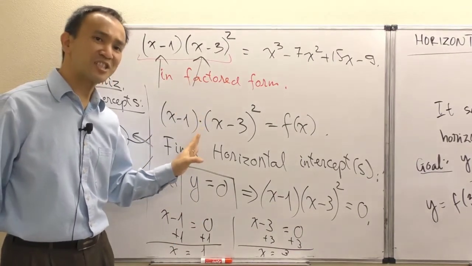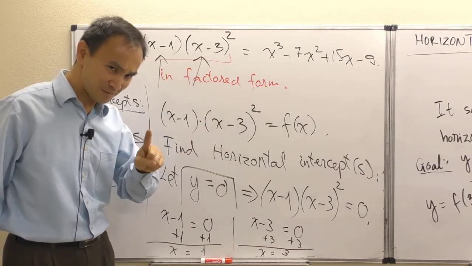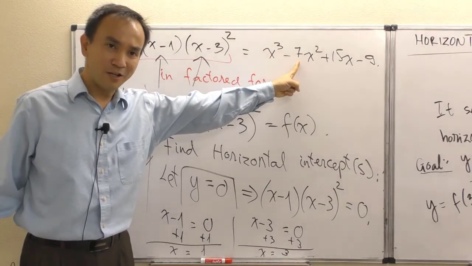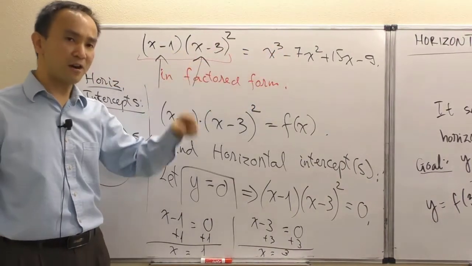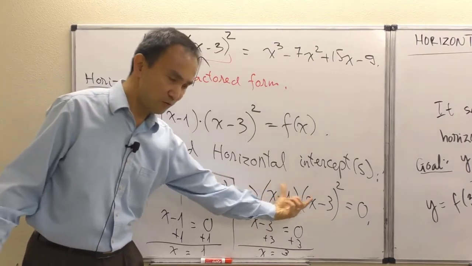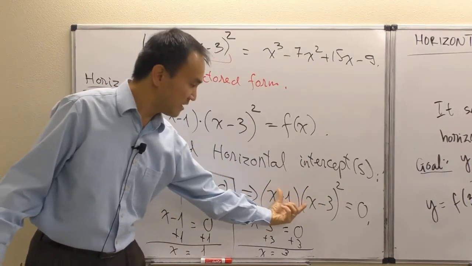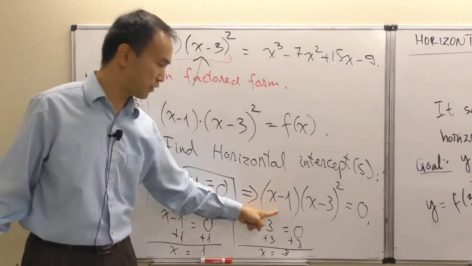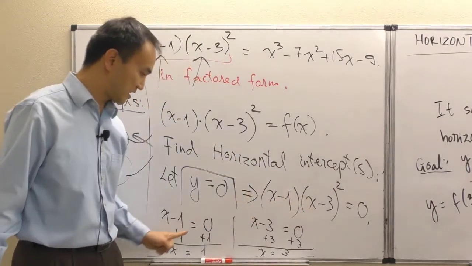For horizontal intercepts, if we can successfully put our polynomial into a factored product, then we can go ahead and use that property of an equation. Anytime we have a product on one side and 0 on the opposite side, we can break apart each unique factor and set it equal to 0.